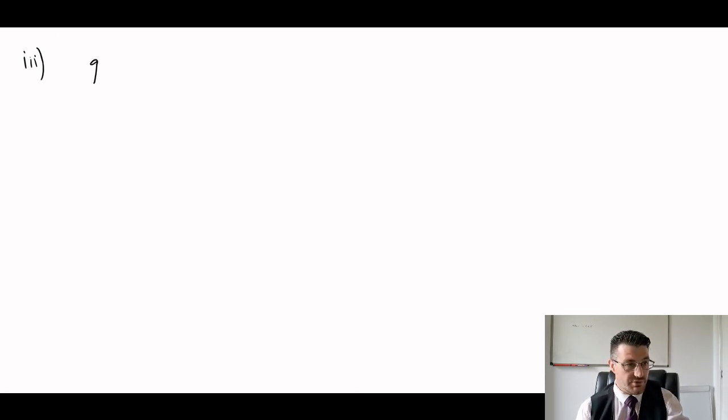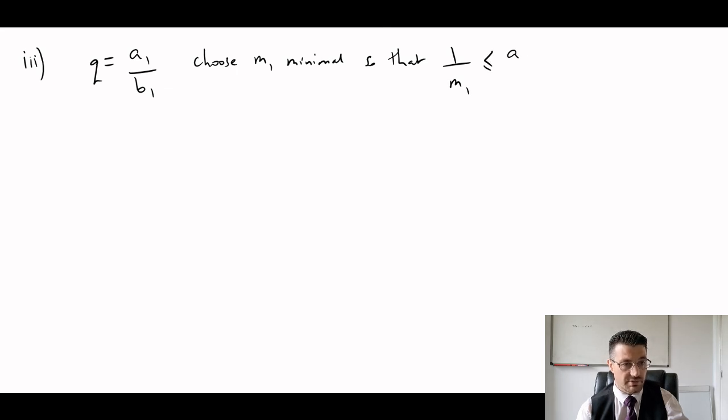let's start with q equals A1 over B1. Okay, and choose M1 to be minimal, the smallest natural number. So I'll just say minimal, just because I can't be bothered writing everything out. Choose M1 minimal so that 1 over M1 is less than or equal to A1 over B1.